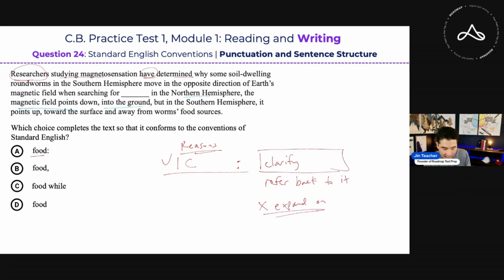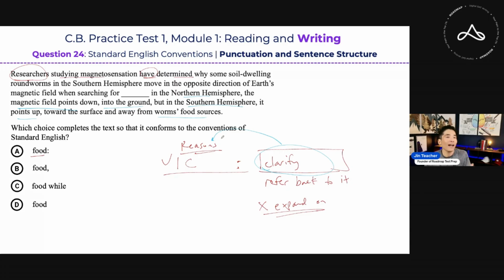That's one of the reasons why it moves in the opposite direction, right? Or the reason why is in the northern hemisphere, the magnetic field points down, but in the southern hemisphere, it points up, away from their surface. So that's why they move in opposite directions. Can you see how the information after the colon here refers back to what was previously talked about, and it clarifies it, right?